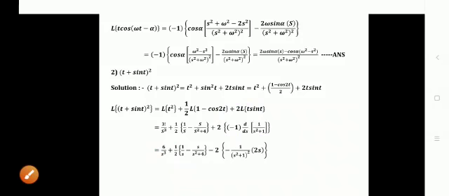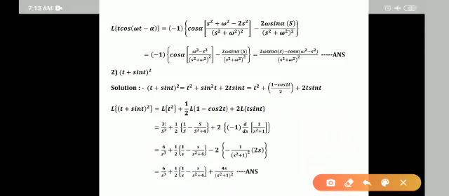So simplifying this one, we get the term 2 by s cube plus 1 by 2 into bracket 1 upon s minus s upon s square plus 4, plus 4s upon s square plus 1 whole square. So this is the answer.